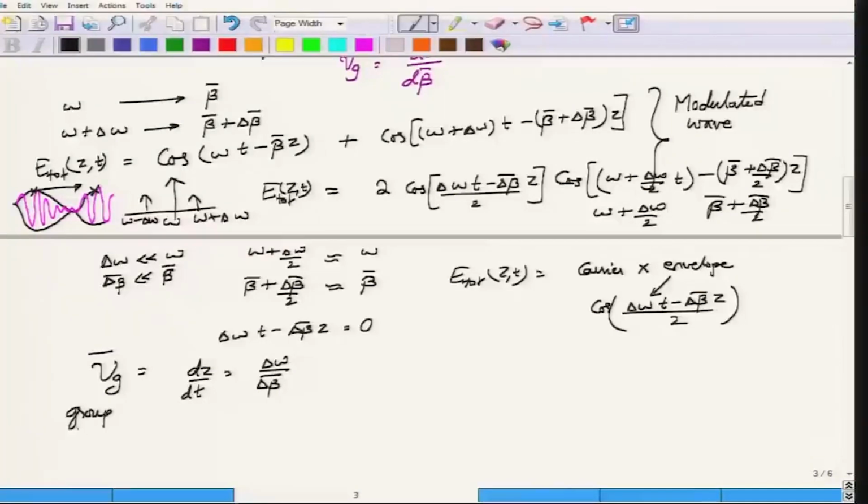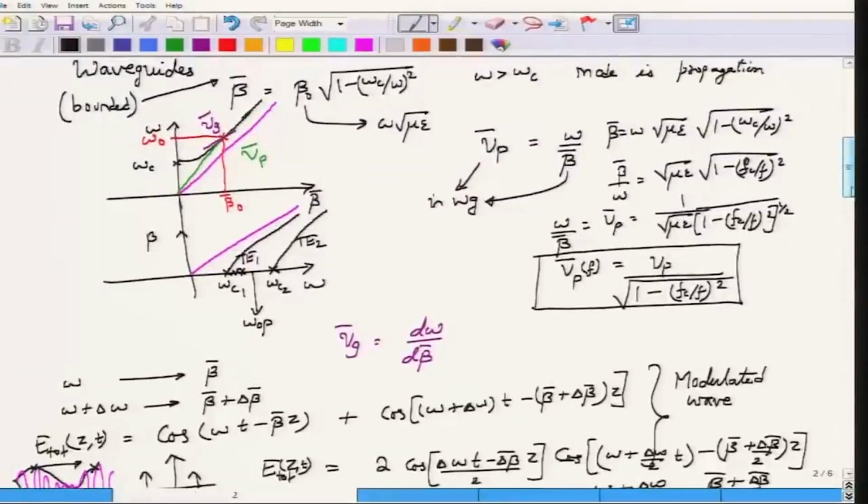Group velocity is given by delta omega by delta beta bar, and in the case where delta omega tends to 0 or delta beta bar tends to 0 equivalently, this relationship is given by d omega by d beta, which is precisely the slope that I had talked about.